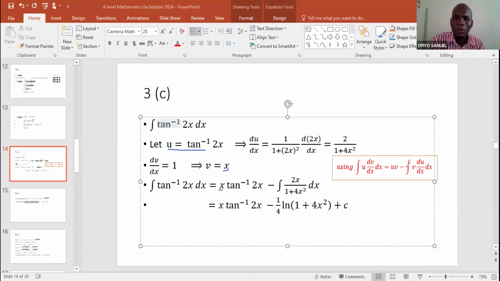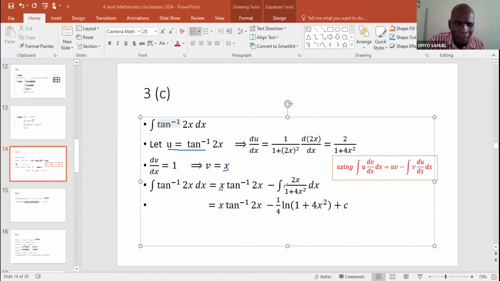So we substitute for uv. Now inside here, we shall have v, our v is x, times du by dx, which gives us 2x over 1 plus 4x squared.